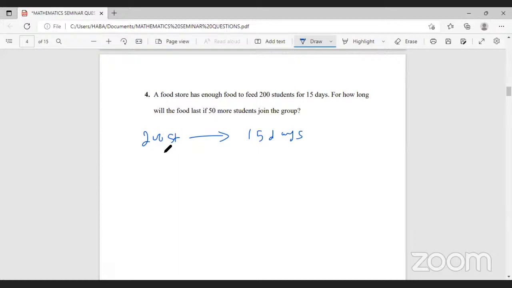So we first find out how many days would it take one student to consume this food. So how many days would those be? If we are having 200 students feeding for 15 days, how many days would it take one student to feed on that food?